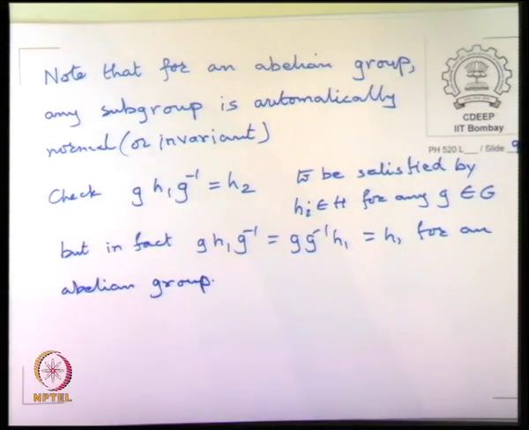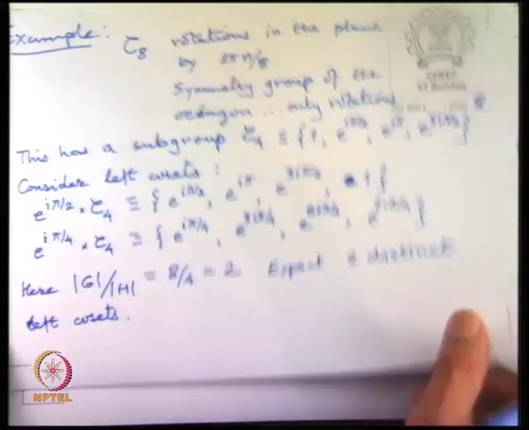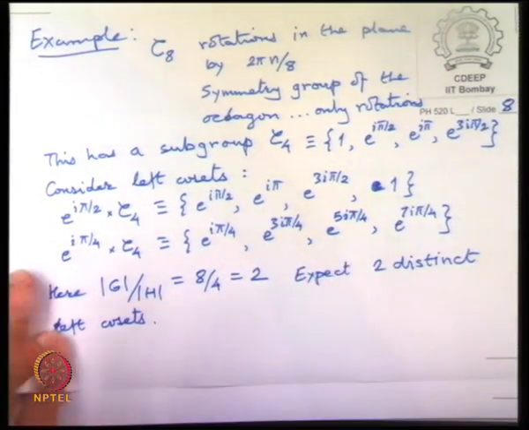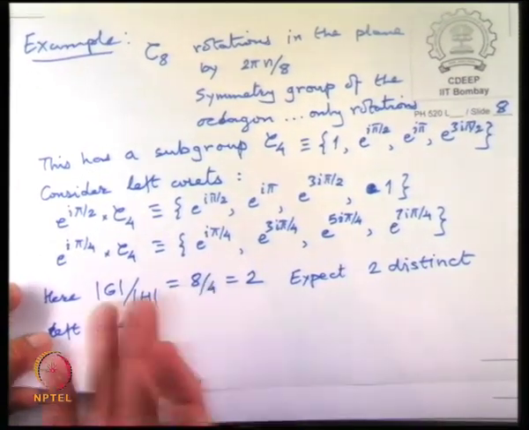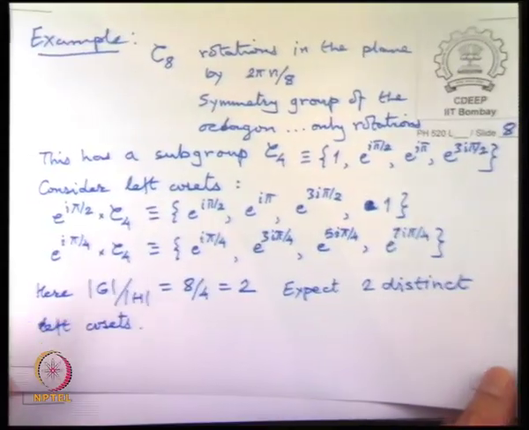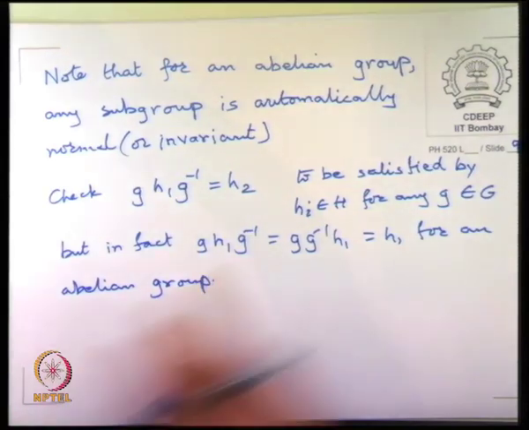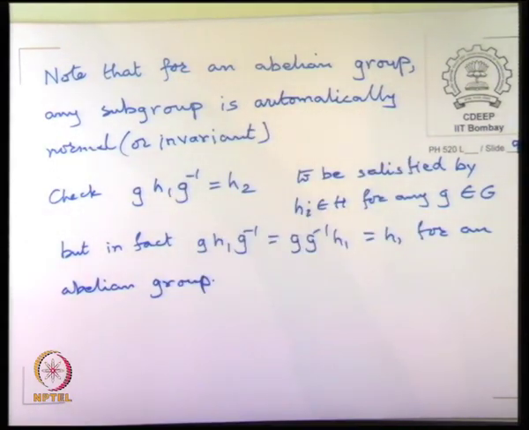So this can be checked in this particular case. Well, it's rather trivial because they are just complex numbers. Whether you left multiplied or right multiplied, it's going to be the same answer. So the left cosets are going to be same as right cosets. So for an abelian group, all the subgroups are automatically invariant or normal subgroups. Okay. So this is a property of groups which we will be using later. Okay. So any questions so far?